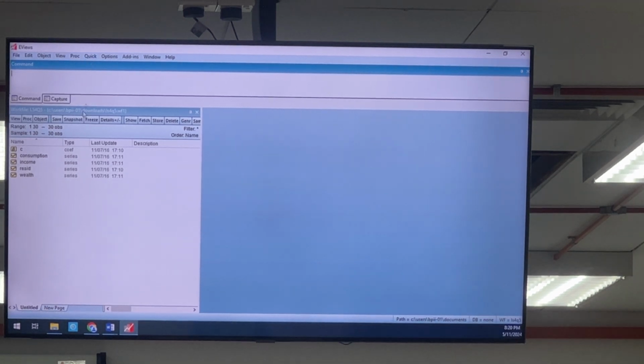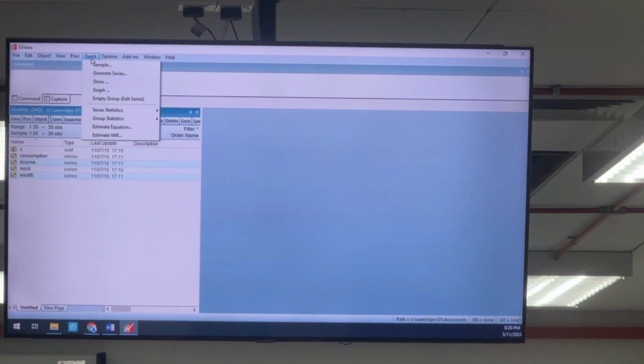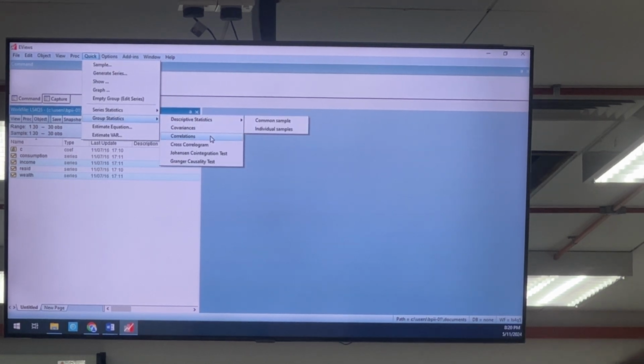So to inspect correlation, as I said before, you can select the variables and then press Control. Income and wealth, and then you go to Quick, Group Statistics, Correlations, in order to get the correlation between the independent variables.